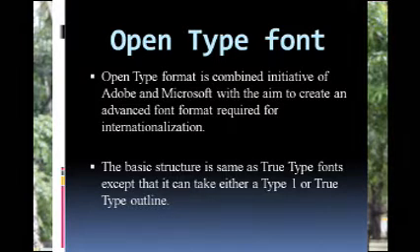Then the basic structure is same as TrueType font, except that it can take either a type 1 or TrueType outline. When we are making the comparison with the TrueType font and OpenType font, actually the basic structure is same in these two cases, but in the case of OpenType font, it can take either a type 1 or TrueType outline.